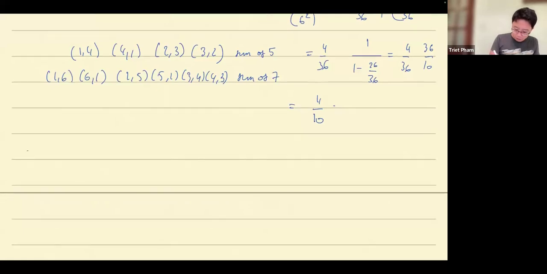So this is quiz 5. This is question number 27 in the text. It says, an urn contains 3 reds and 7 black balls.